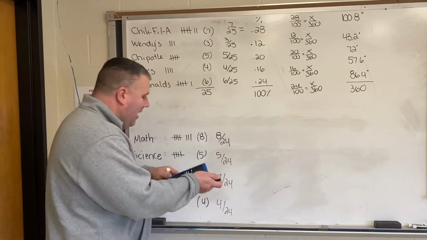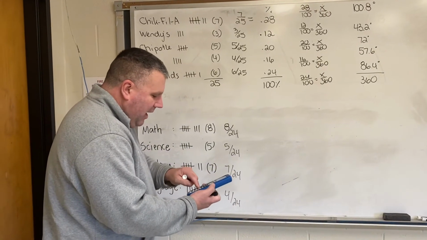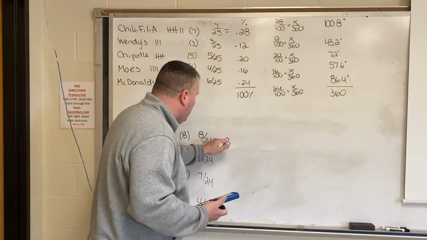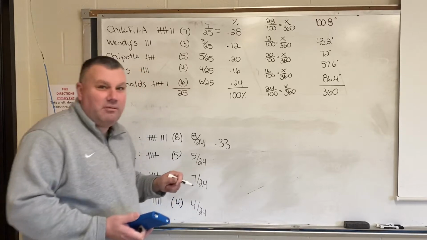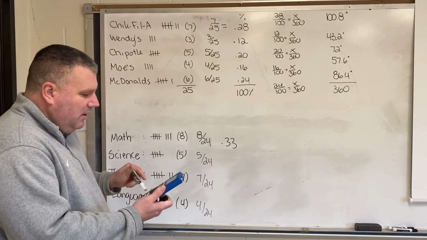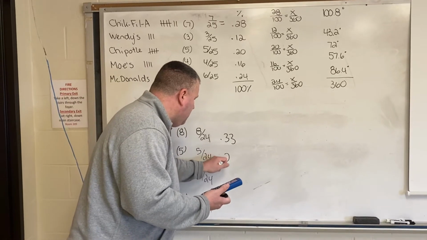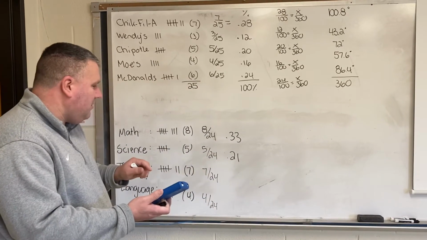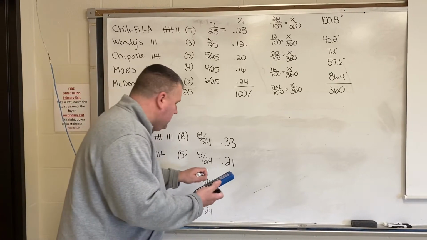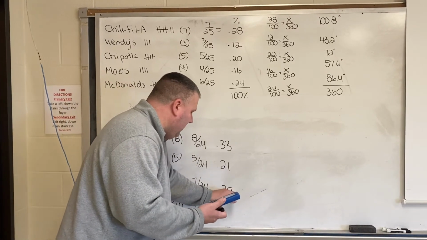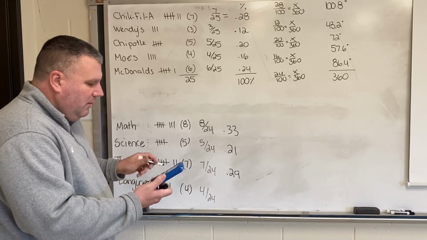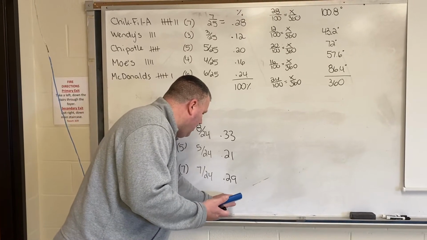I'm going to take my calculator. 8 divided by 24 is 0.33 repeating. Just go to 2 places to the right, the hundredths. 5 divided by 24 is 0.21, rounding to the nearest hundredth if you have to. 7 divided by 24 is 0.29. And 4 divided by 24 is 0.17.